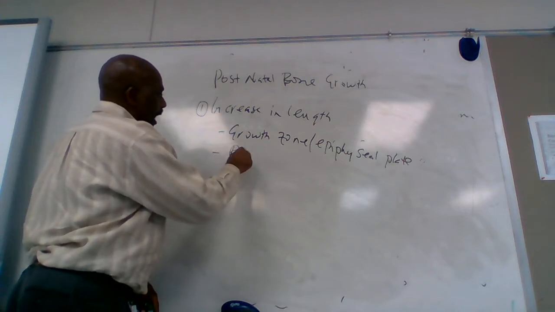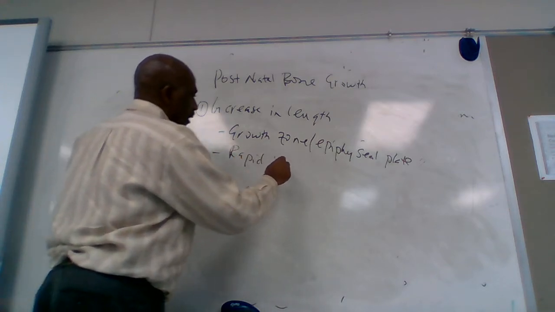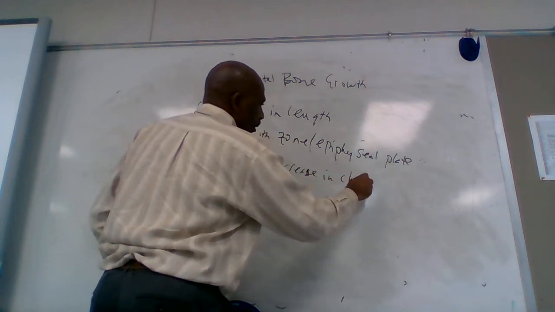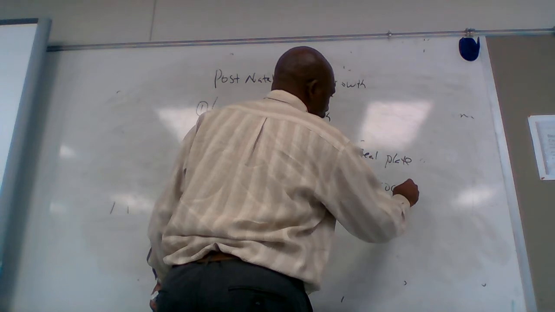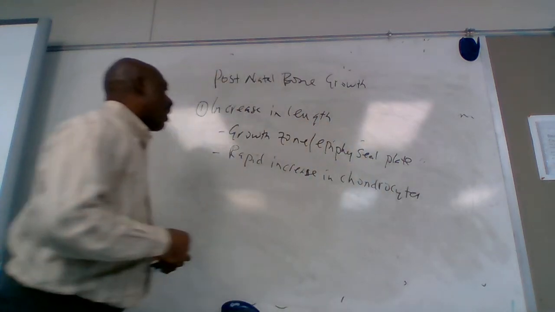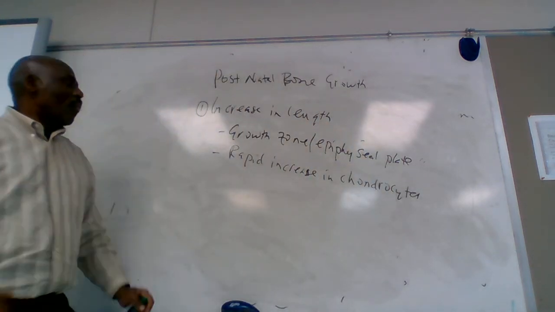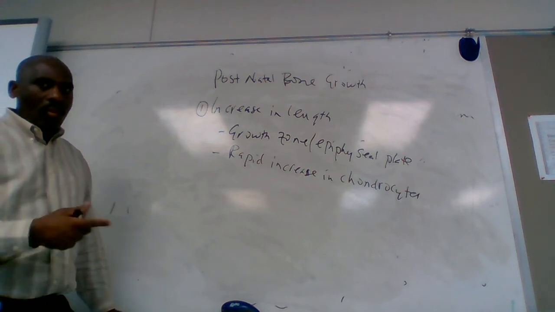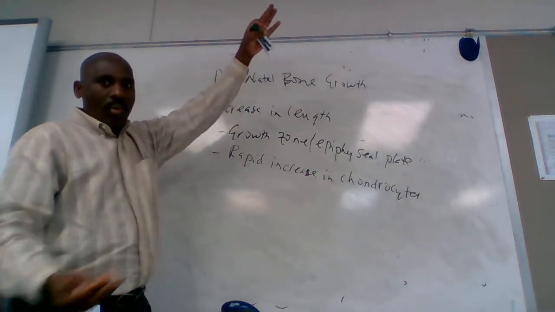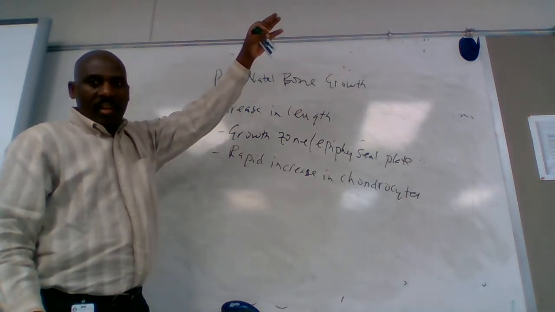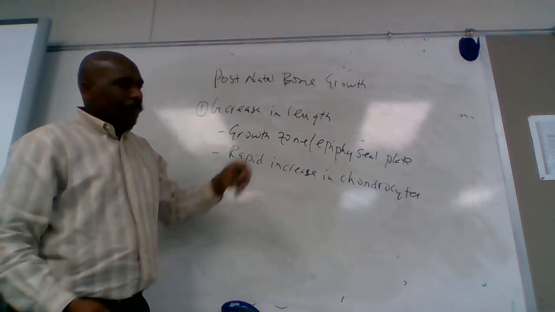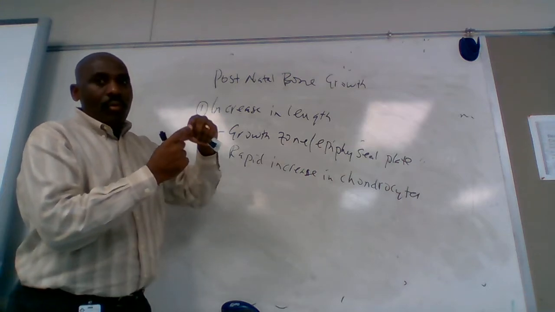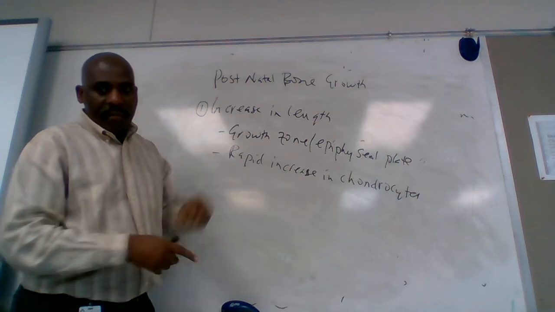You have a rapid increase in chondrocytes. The cells found in this area are called chondrocytes. When there is rapid growth of these cells, the bone increases in length.